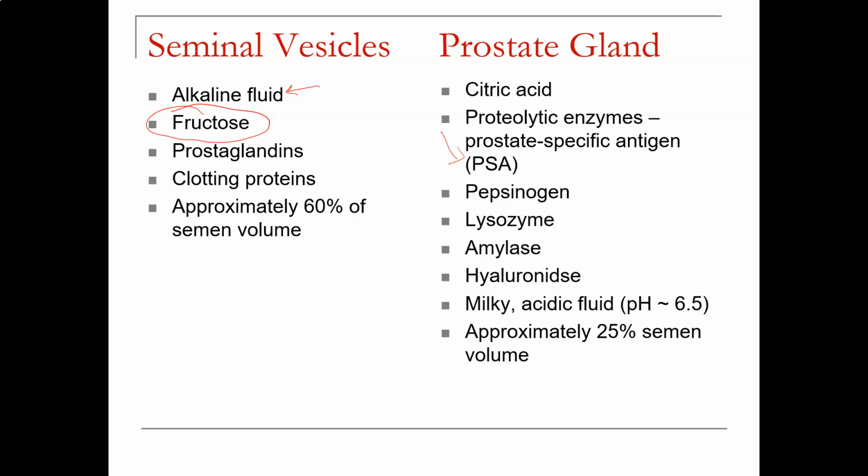They also think that these PSA proteins help the sperm, if again they're introduced into the female reproductive tract, get up through the cervix, where there's often a kind of mucus-like plug that the sperm have to get past. And then it's got some other enzymes. Pepsinogen breaks down proteins into peptides, some other enzymes. So those are some of the main components of these two glands that are going to mix with the sperm.